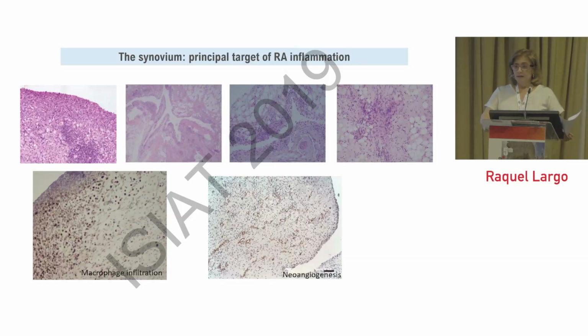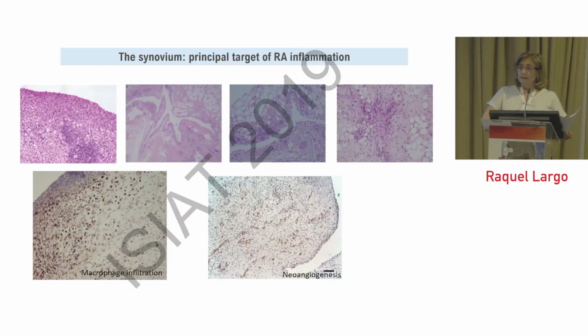There are macrophages, B and T cells, dendritic cells, neutrophils, etc. And this is a typical image of macrophage infiltration, mainly in the sublining. There is also a clear increase in neoangiogenesis, with the presence of new vessels.